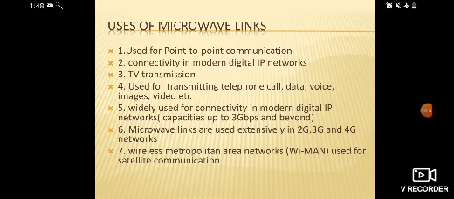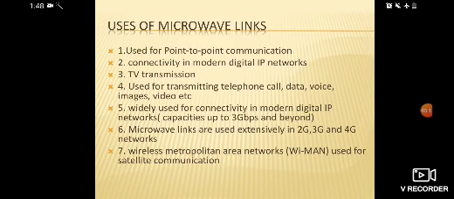The last of the microwave link uses is wireless MAN. I have already told that we have a number of networks: local area network, metropolitan area network, and wide area network. In that we use the MAN networks, and there we also have Wi-Fi and wireless metropolitan area networks.